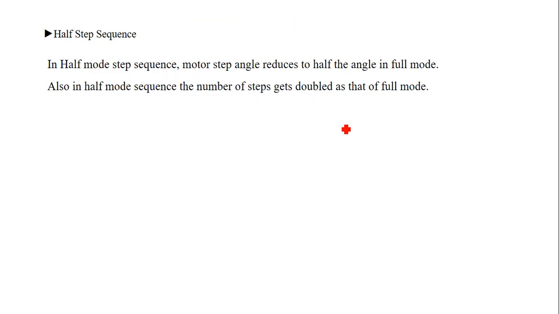Then the half step sequence. In the half step sequence, the motor step angle reduces to half the angle in full mode. The angle is reduced and the steps are increased. So in half mode the number of steps doubles compared to full mode, and the angular resolution is also doubled.